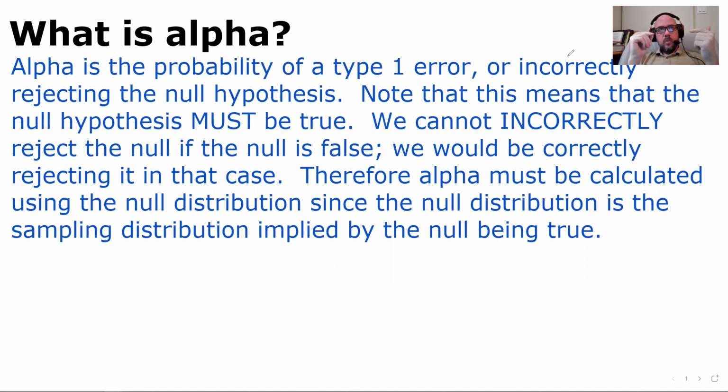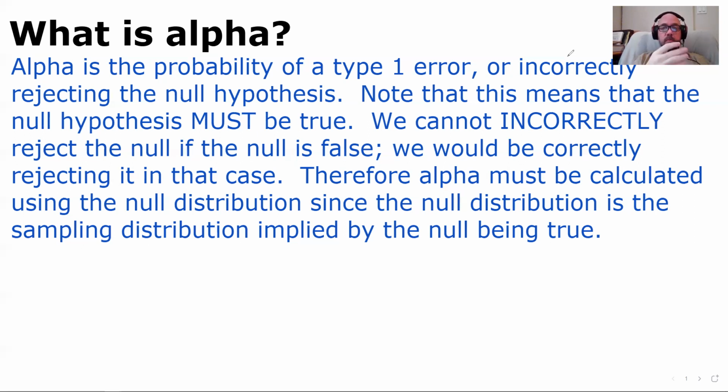So let me back up one sentence there. Alpha is a probability, right? It's a probability of making a type 1 error. Therefore, in our common conception of probability as area, it is some area shaded in on the null distribution. Because the null distribution is the one that assumes that the null hypothesis is true.